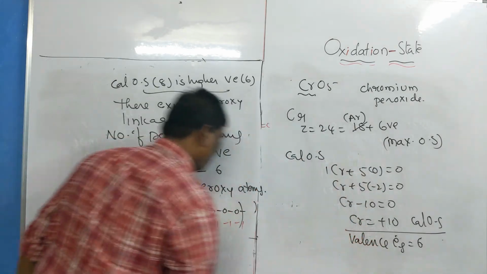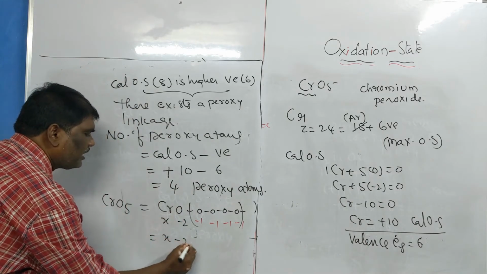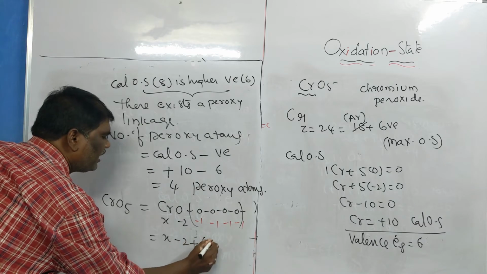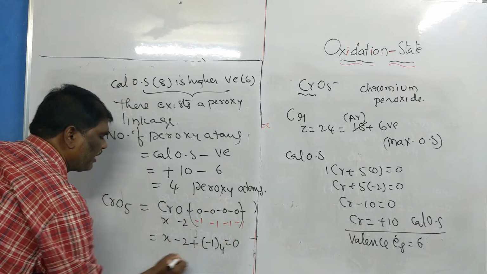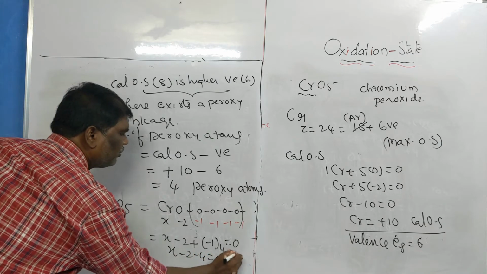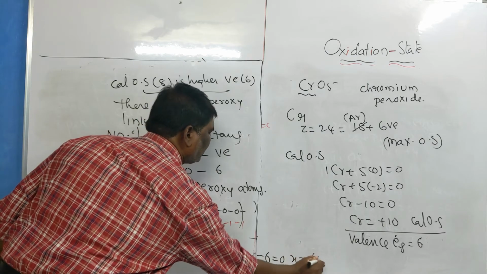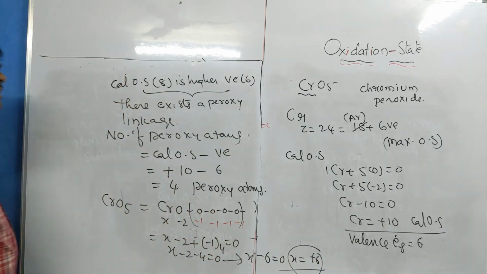On calculation, the oxidation state is adjusted. X minus 2 plus -1 taken 4 times for the peroxy atoms: X minus 2 minus 4 equals 0. So x minus 6 equals 0, or x equals plus 6. This is the plus 6 oxidation state.